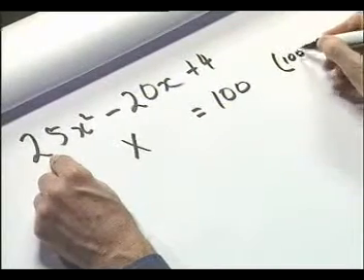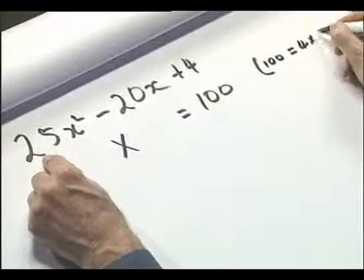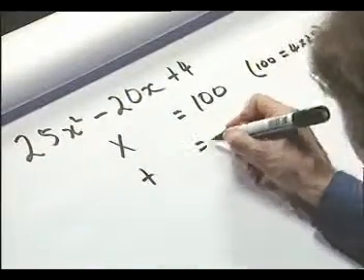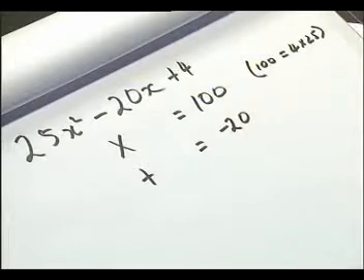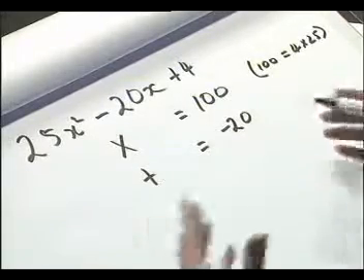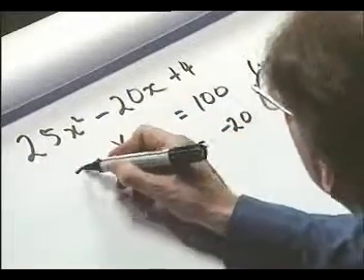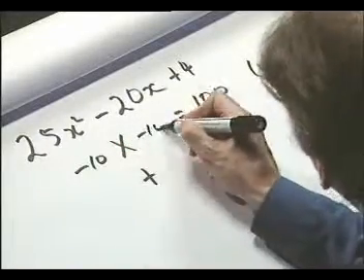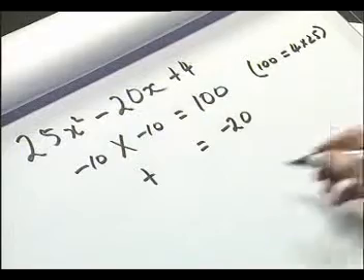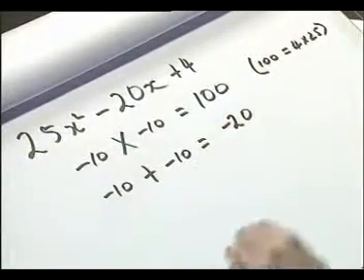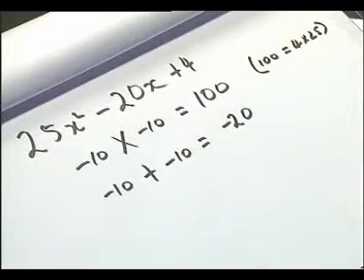Just write this at the side. 4 times by 25. And two numbers that would add together to give us minus 20. The obvious choices are 10 and 10. Well, minus 10 and minus 10, because we want minus 10 times by minus 10 to give plus 100, and minus 10 plus minus 10 to give us minus 20.